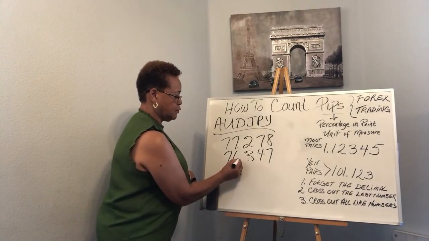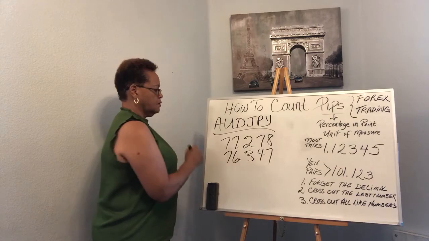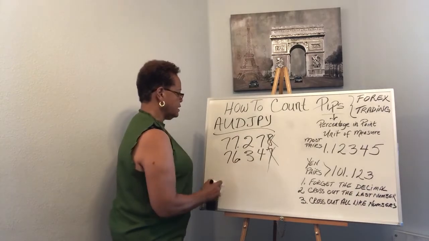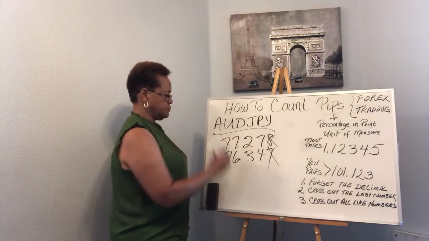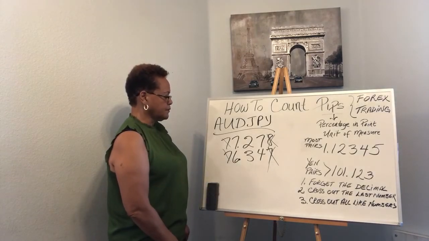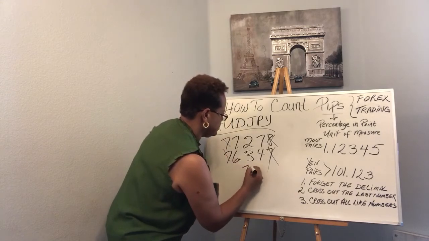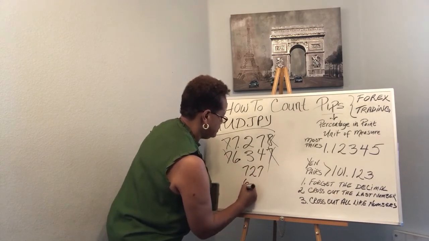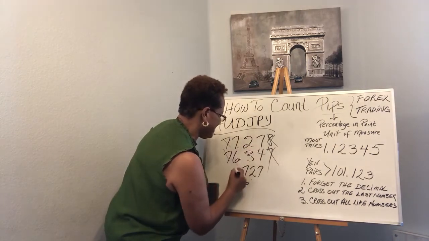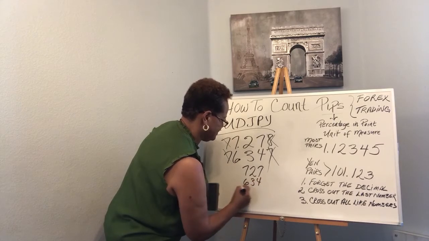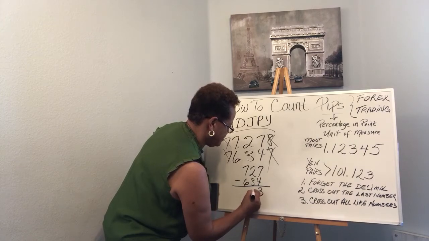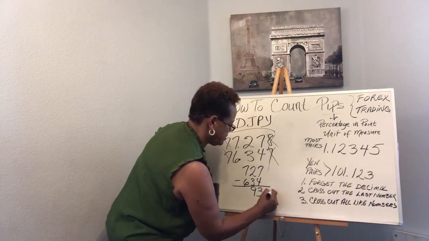This is a decimal point. Now, forget the decimal point, cross out the last number, and all like numbers. This one is pretty easy, not a lot to cross out here. I'm just going to write down what I see left: I'm sorry, it's 727 and 634. And my answer is 93 pips.